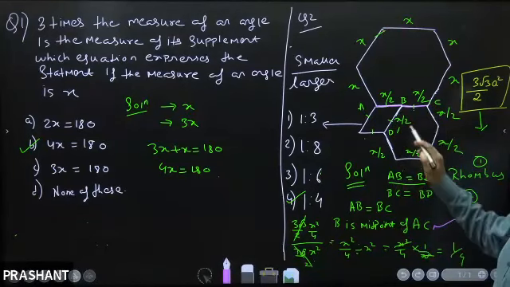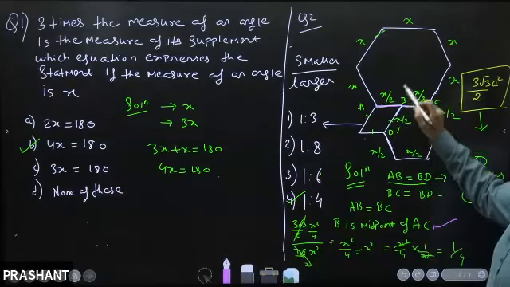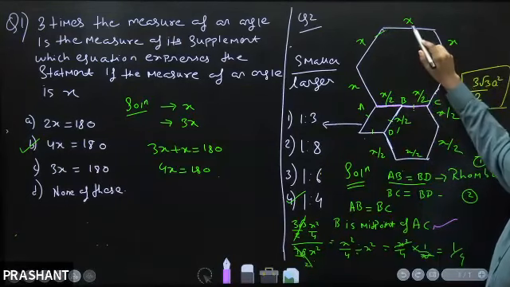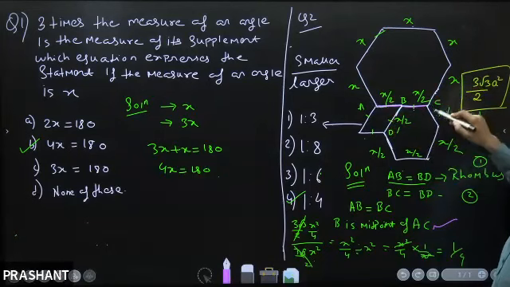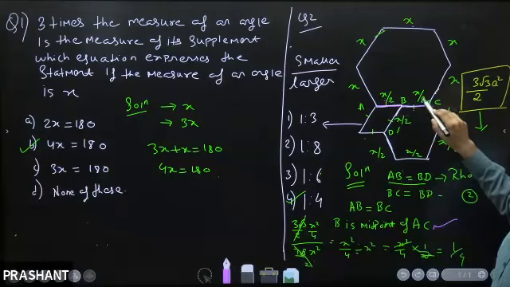Correct? B is the midpoint of AC. मतलब if I take this whole as x, so this larger is also a hexagon. So ये अगर x हुआ तो ये पूरा AC भी x हो जाएगा. This is x, and I know that B is a midpoint, so this will be x by 2.